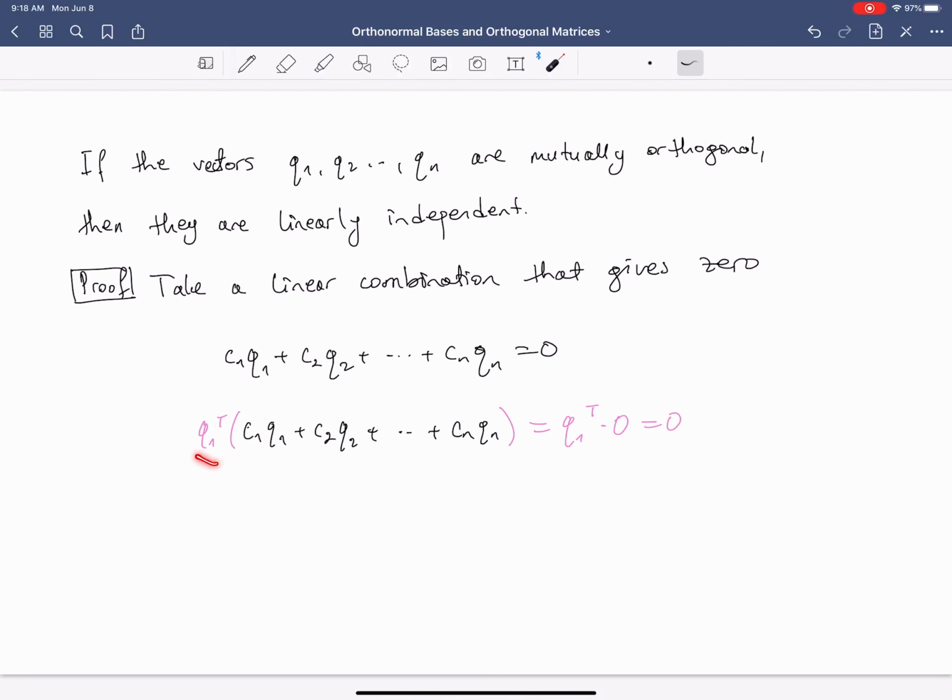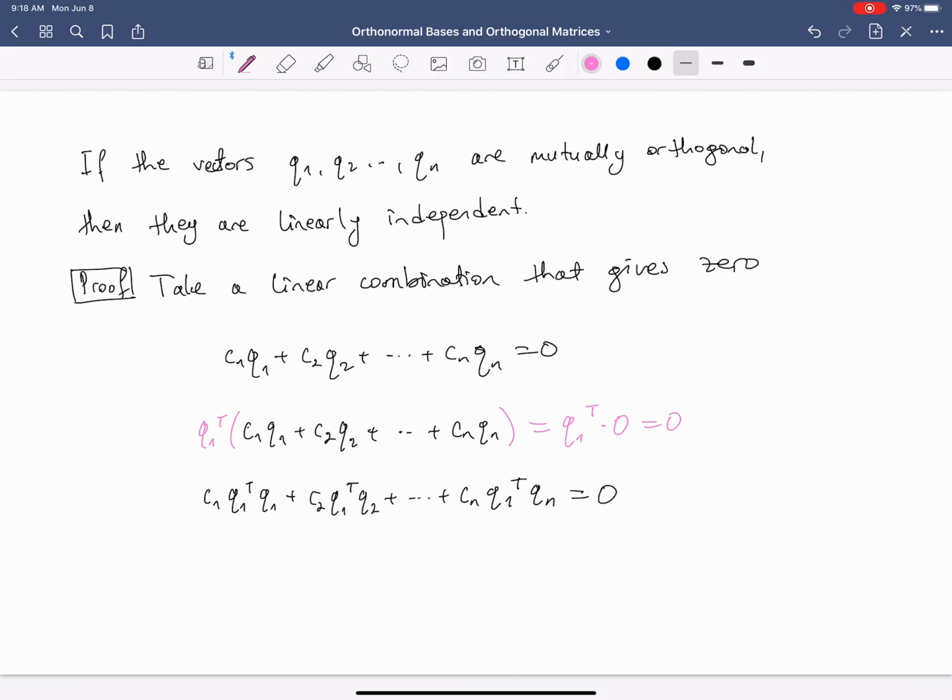It's really the vectors that have to respect the order of multiplication. So what we get is c1 q1 transpose q1 plus c2 q1 transpose q2 plus ... plus cn q1 transpose qn equals 0.